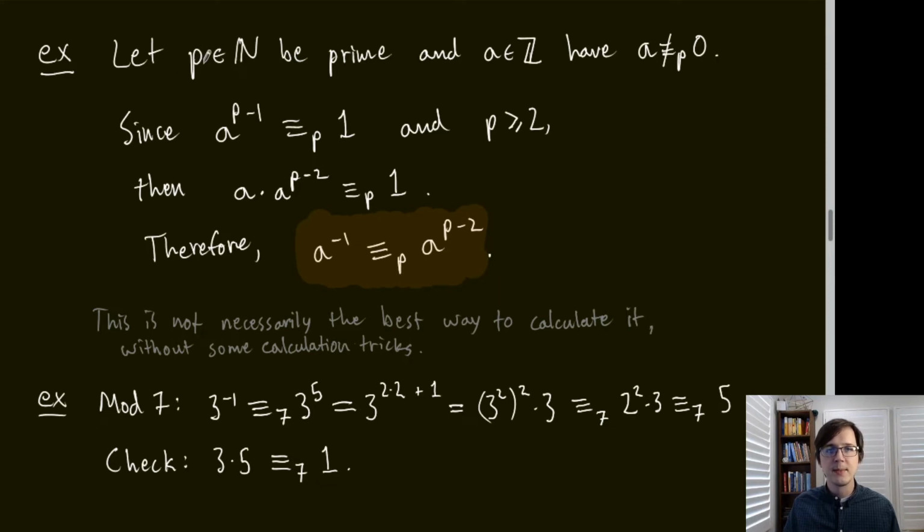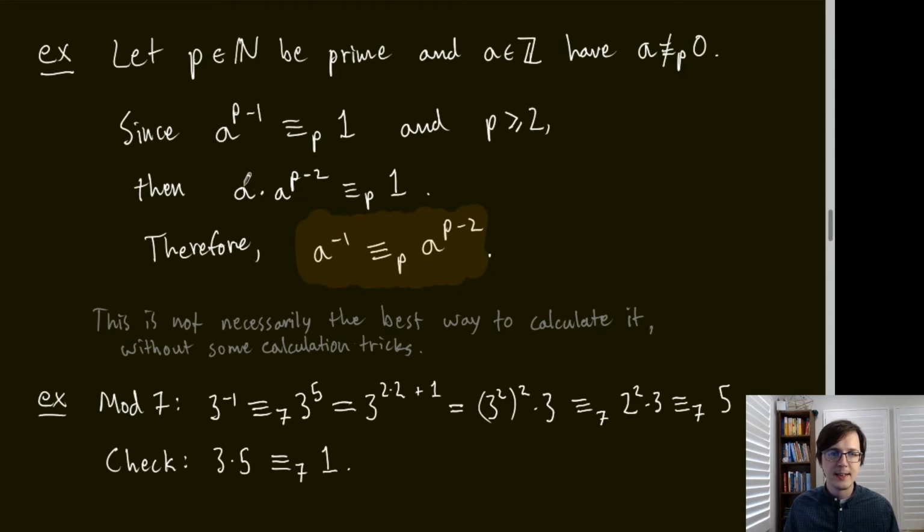So let's say that p is a prime and a is a non-zero number mod p. Then, since Fermat's little theorem says that a to the p minus 1 is 1 mod p, and also since p is a prime, which means it's neither 0 nor 1, we can subtract 2 from p and still have a natural number.